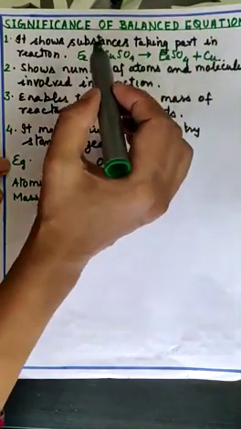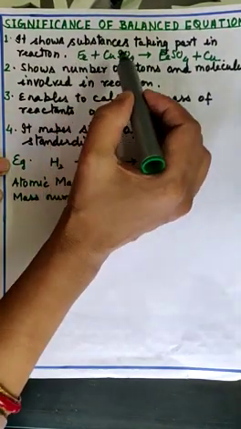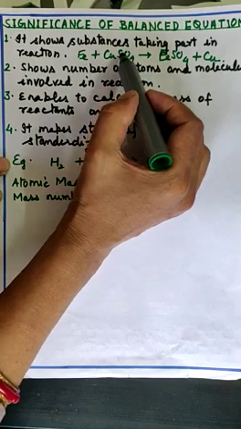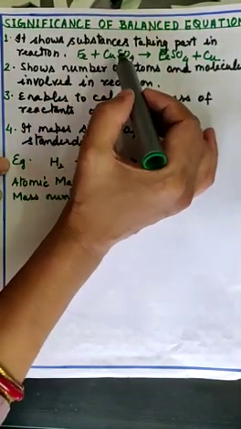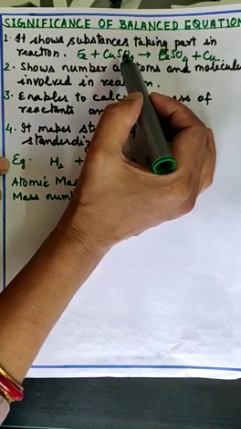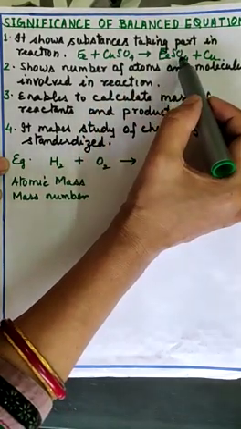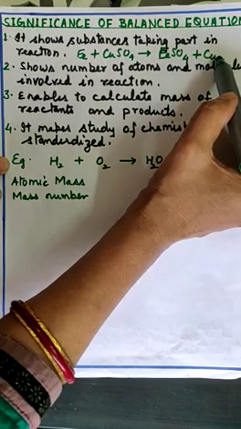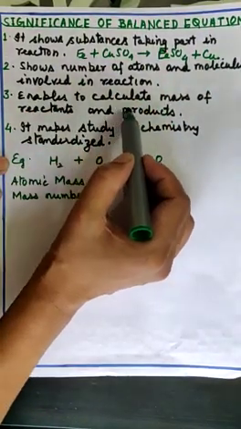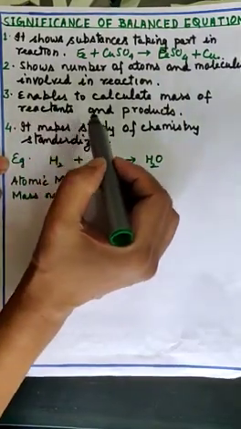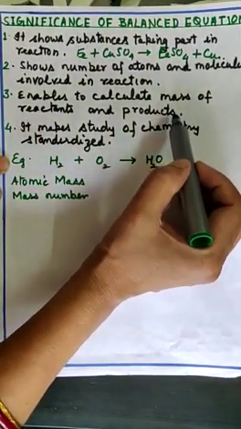So it shows the number of atoms as well as the number of molecules taking part in the reaction. It shows one atom of iron combines with one molecule of copper sulfate to form one molecule of ferrous sulfate and one atom of copper. Now the third point: it enables us to calculate the mass of reactants and products. How?